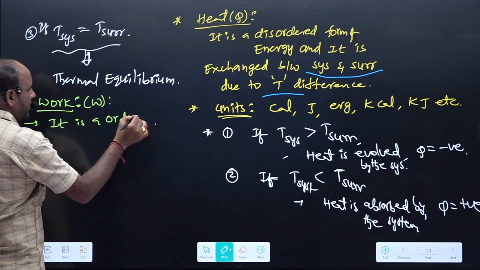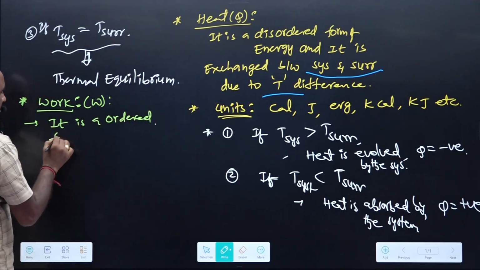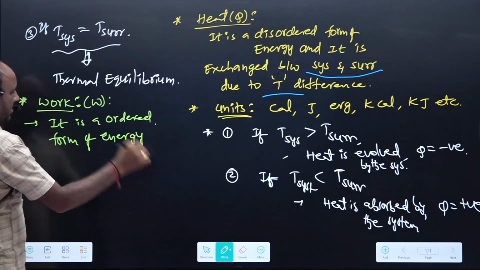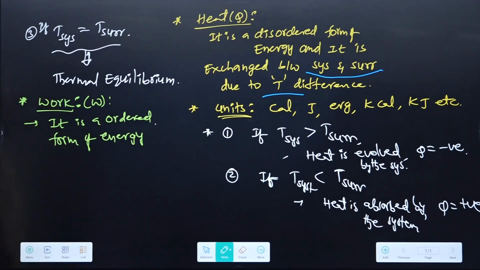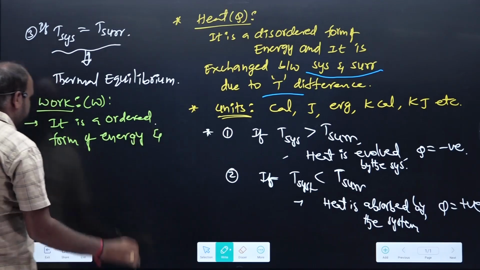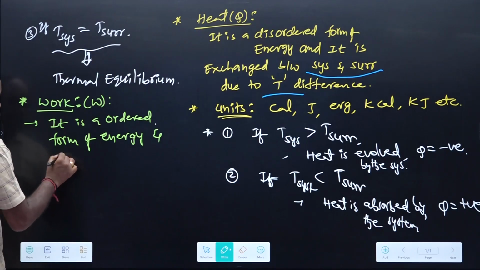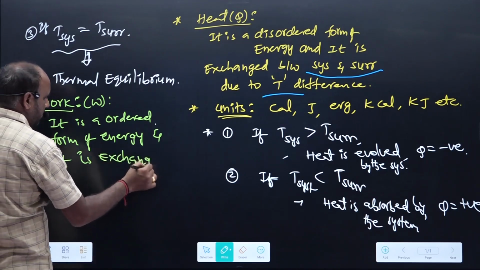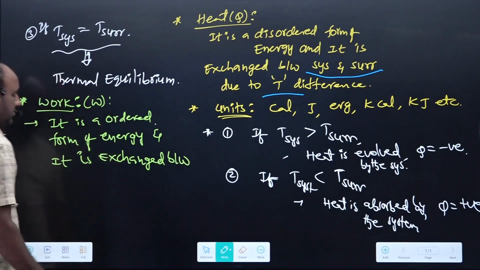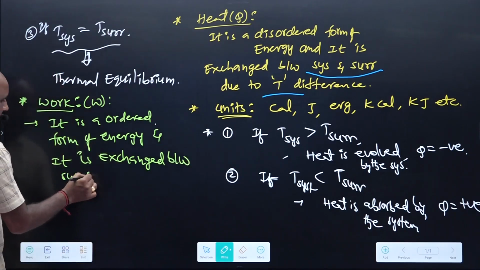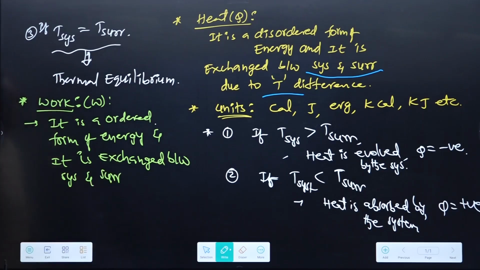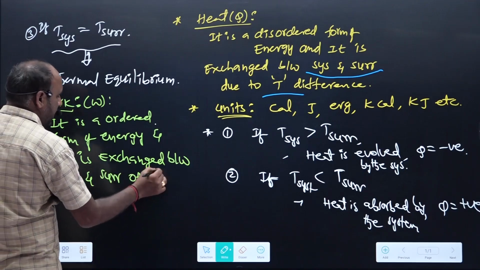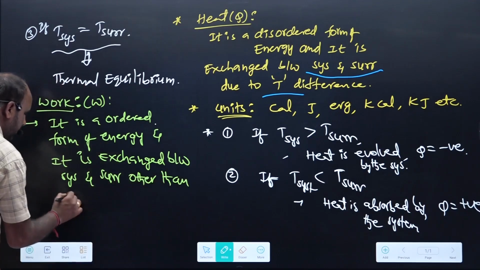Write down. It is an ordered form of energy, and it is exchanged between system and surroundings other than temperature difference.